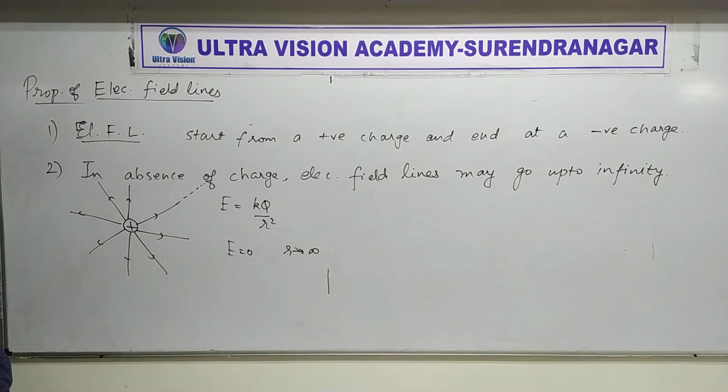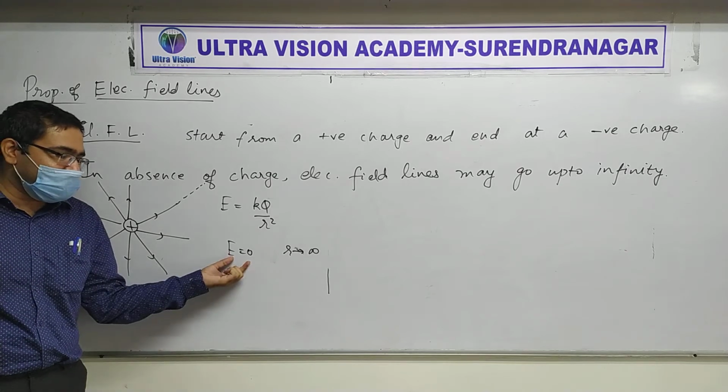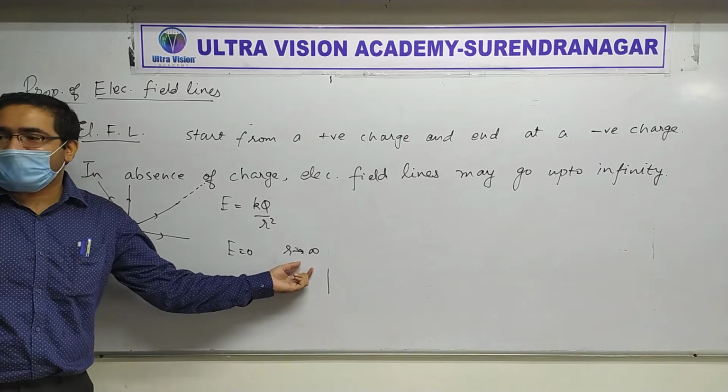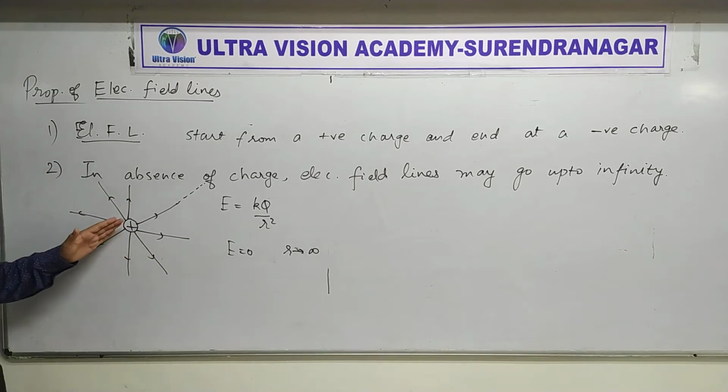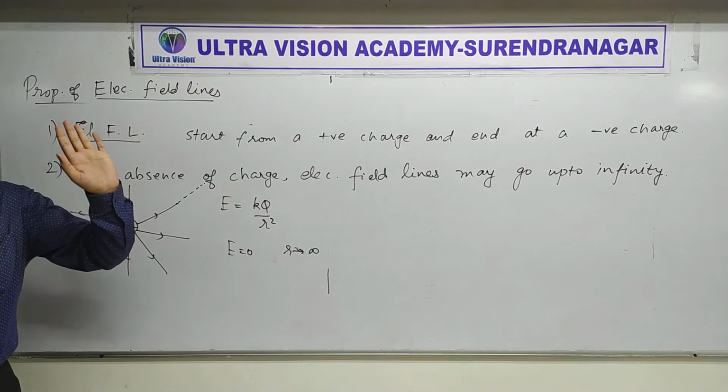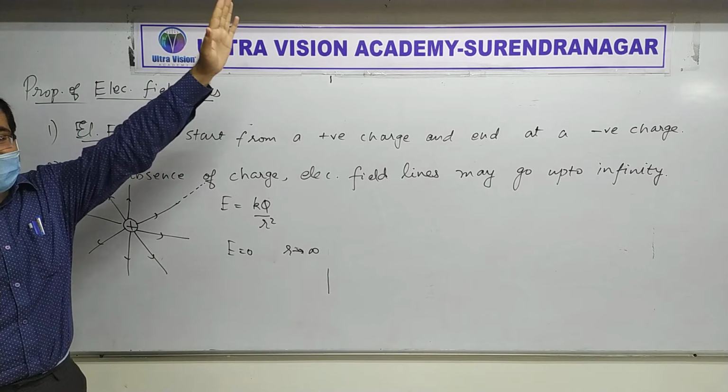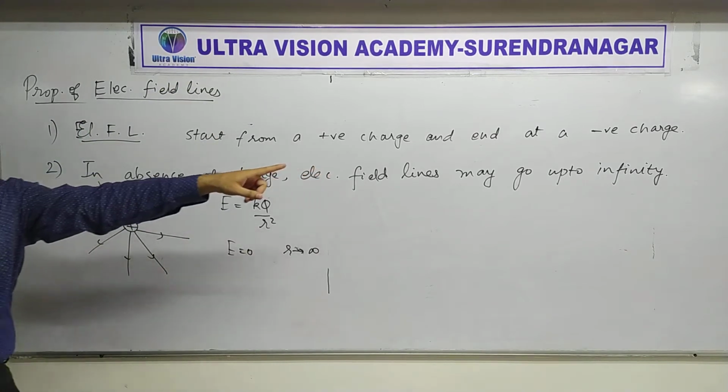Is that clear? So that means the electric field of a point charge is up to how much distance? It only becomes 0 at infinite distance. That actually means it doesn't become 0 ever. So where will this electric field line go? Wherever the electric field is. So it will go all the way till infinity. Is that okay?